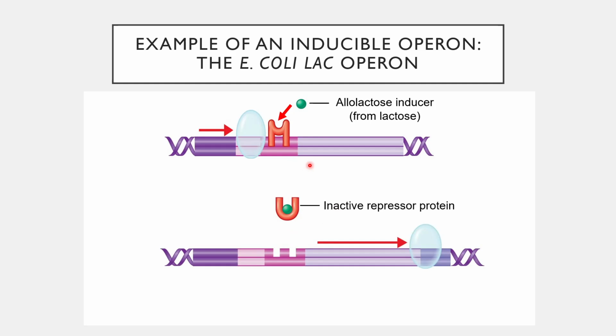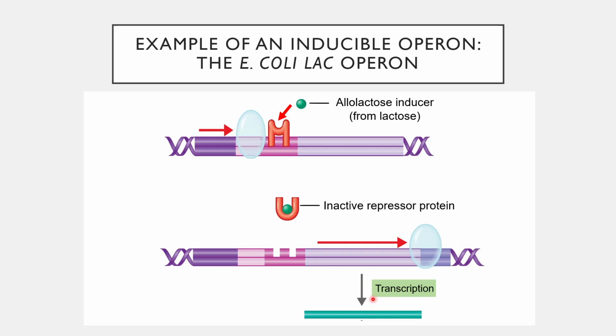This, of course, gives RNA polymerase the green light to proceed through the operator and into the Z, Y, and A genes, where it will copy them, transcribe them, and which allows them to then be translated into the appropriate proteins. So that was an example of an inducible operon.